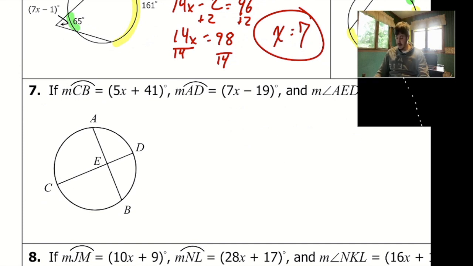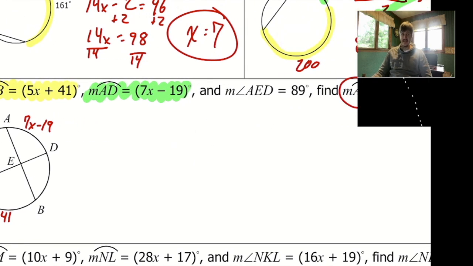So CB is 5x plus 41. Then we have AD is 7x minus 19, so that's this one. And then AED is 89.